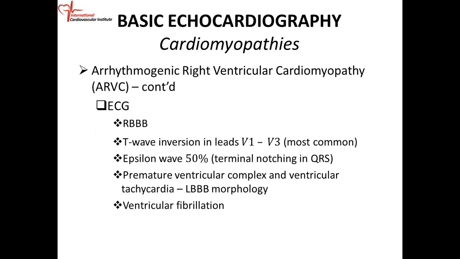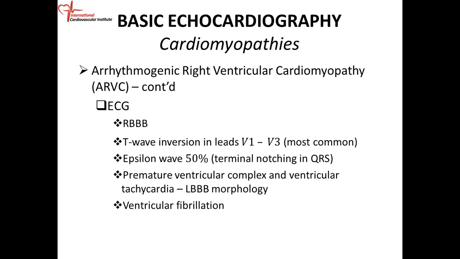So the ECG will have a left bundle branch block morphology when the patient presents with ventricular tachycardia. The mode of death, sudden cardiac death in these young individuals, is usually ventricular tachycardia and ventricular fibrillation.